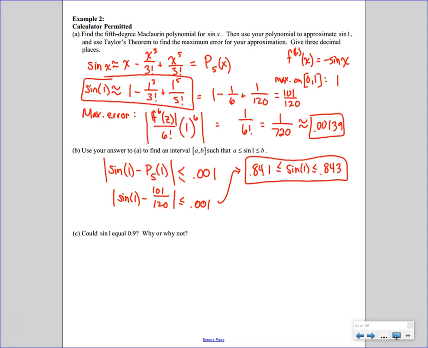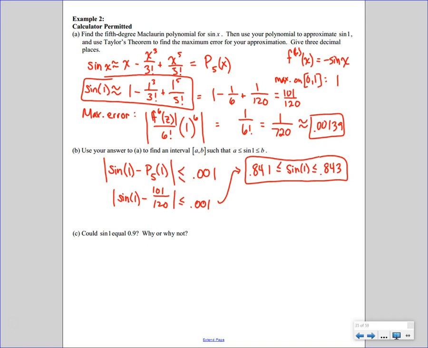So shush. This one is saying how far off my approximation might be from the actual. This is saying the actual falls within this range. Which is also error. It's just another way of estimating the error.